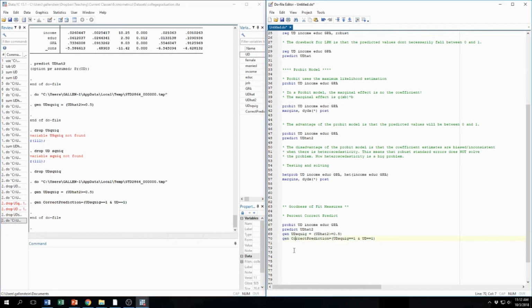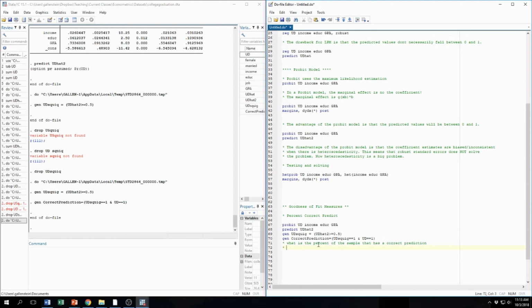Now I want to know what is the percentage of the sample that has a correct prediction. Of course, the higher the better. All we need to do here is generate the expected value, right?